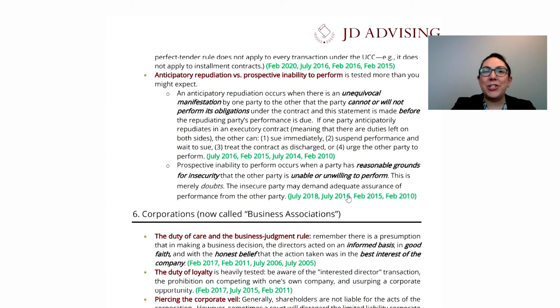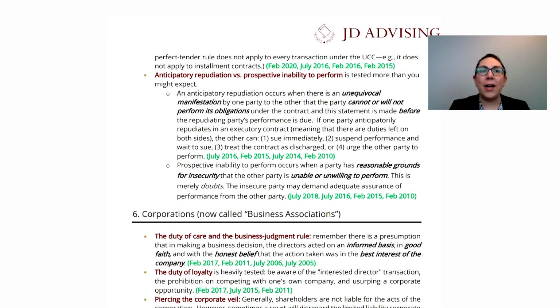They also like to make sure you know the distinction between anticipatory repudiation and the prospective inability to perform. And often when they test this, a great answer will include at least a brief discussion of both. So maybe it's not quite anticipatory repudiation, which is an unequivocal manifestation that they cannot or will not perform.